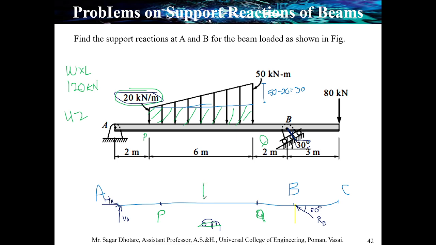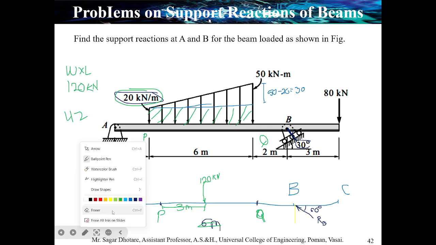L by 2 is 3 meter. So at 3 meter you can apply this converted force of 120 kilonewton. At what distance? It's 3 meter. From here to here it's 3 meter.